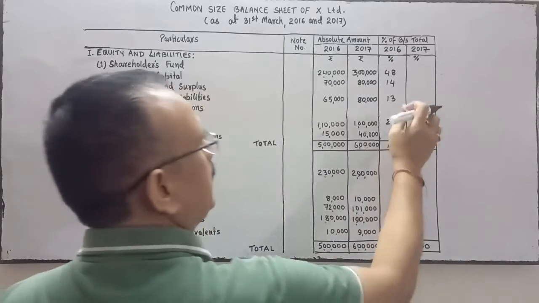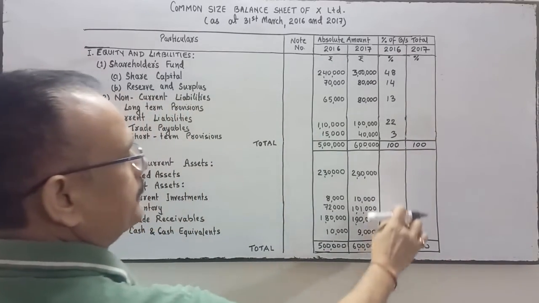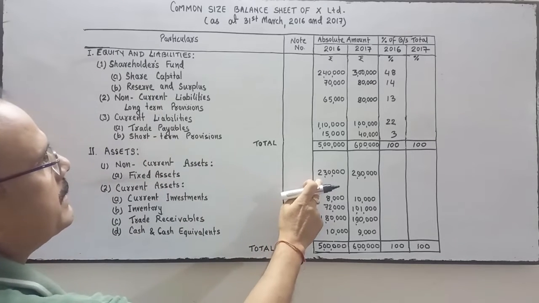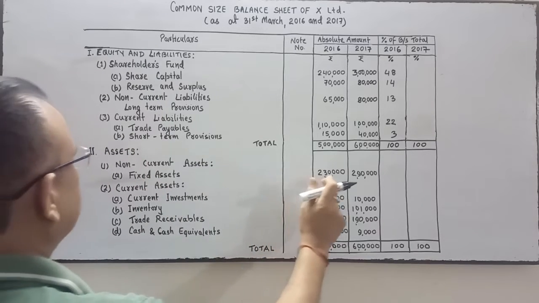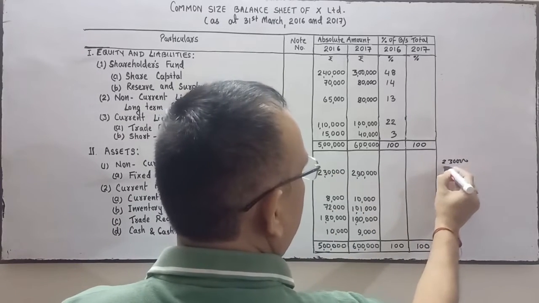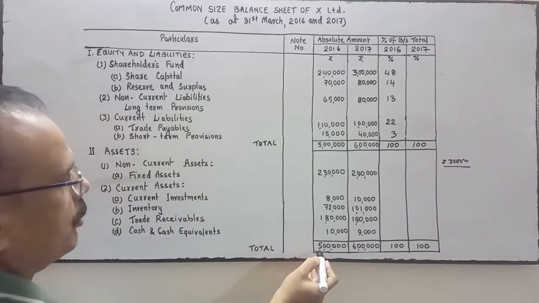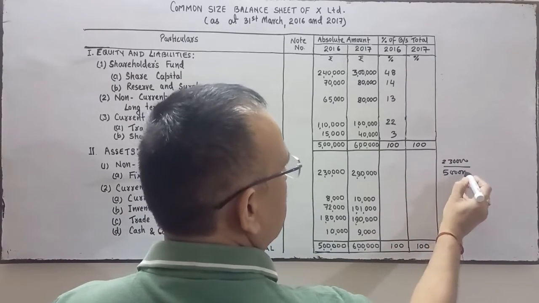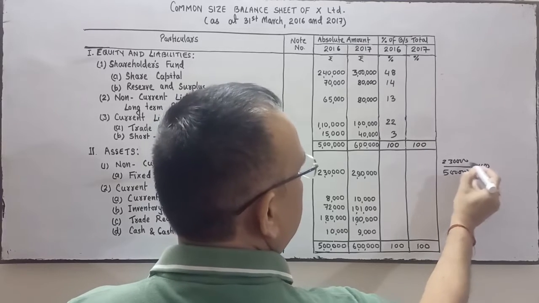Now come to the asset side. Assets in 2016: fixed assets is 2,30,000 upon total assets, which is 5 lakhs, into 100.